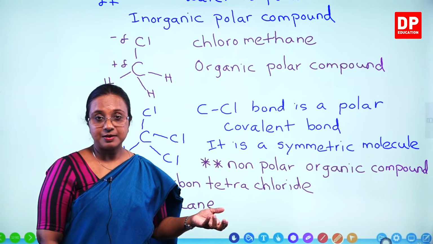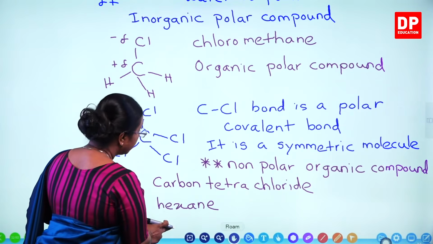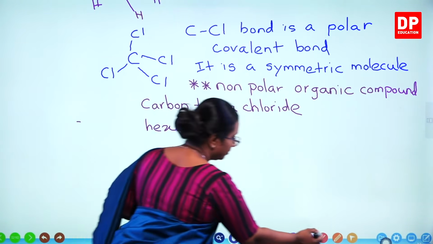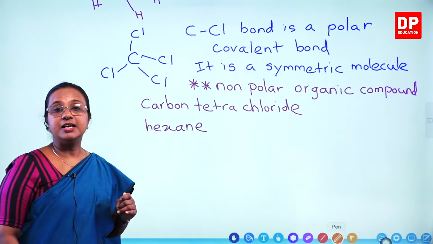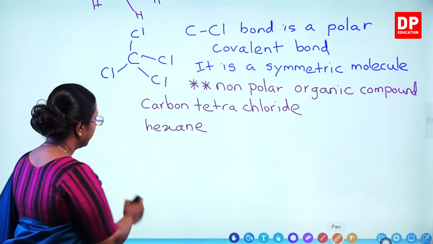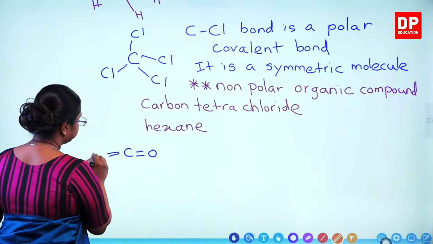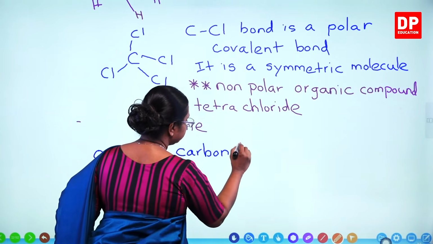Another example. Then the last type. If we look at the last type of compound, that is the inorganic non-polar compound. Molecules like carbon dioxide, CO2.